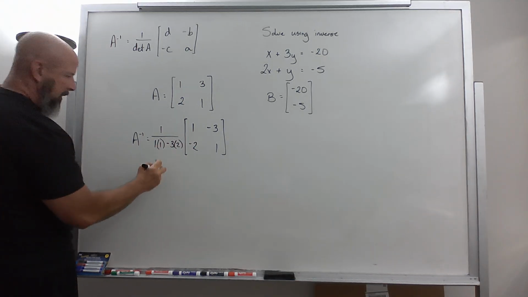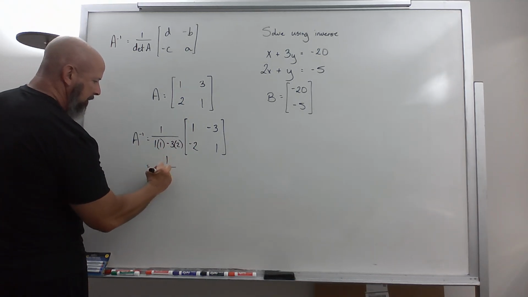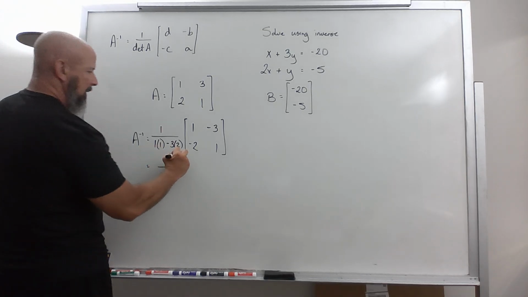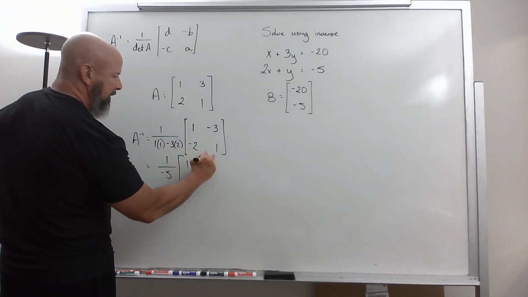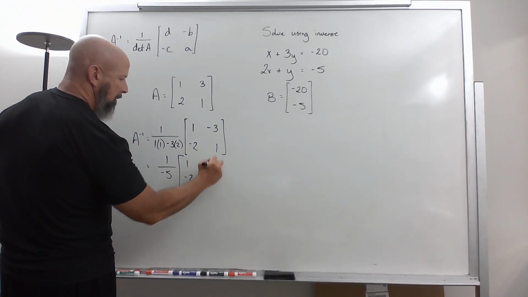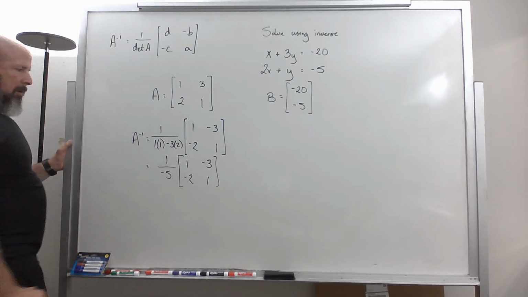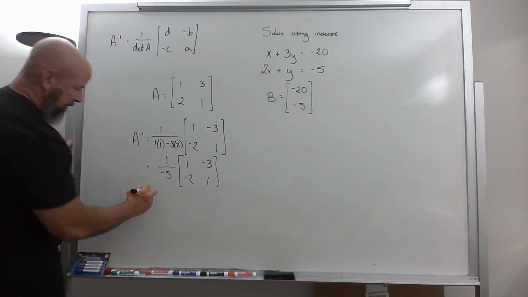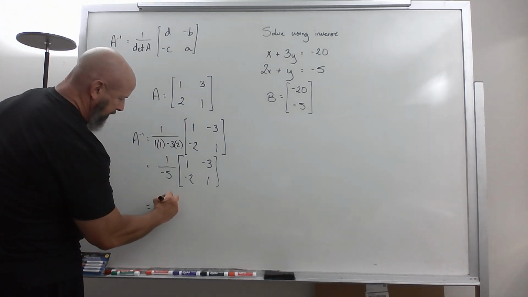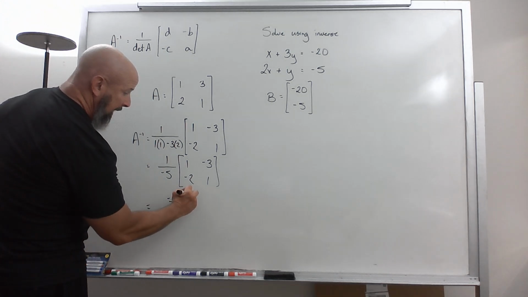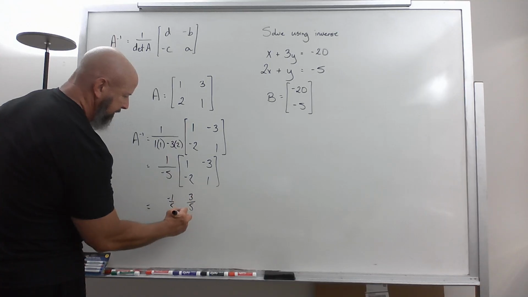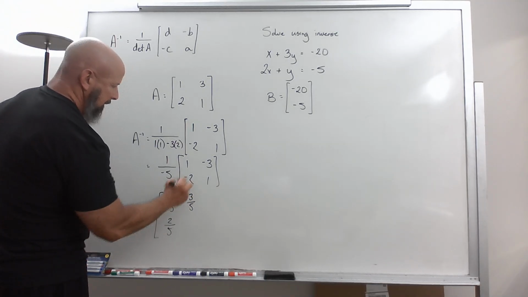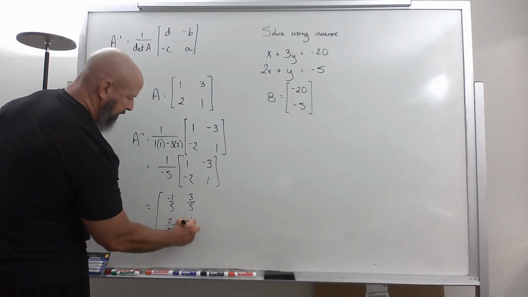All right, this determinant, that would be 1 over, that's a negative 5 now, 1 minus 6. And so we're going to be distributing that through that 2 by 2. So this would give me negative 1/5, positive 3/5. Let's see, positive 2/5, and negative 1/5.